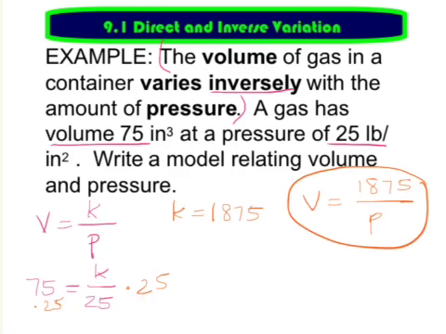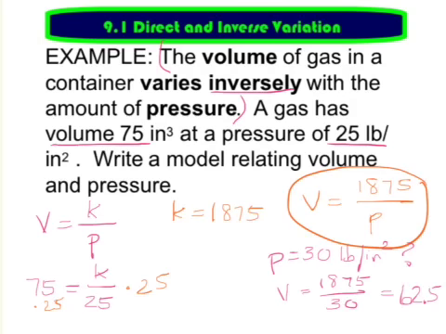So for example, if I know that the pressure of a certain gas is sitting at 30 pounds per square inch, and if I wanted to find the volume of that, all I would have to do is just plug in that value for pressure, and it would allow me to solve for outside numbers that I maybe don't have listed here, and I'll find that I should get 62.5 cubic inches would be the volume at that specific pressure. So that's why it's important to be able to write a model, to be able to find future values.